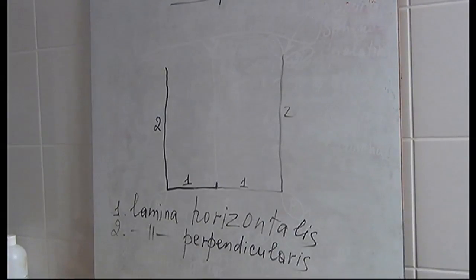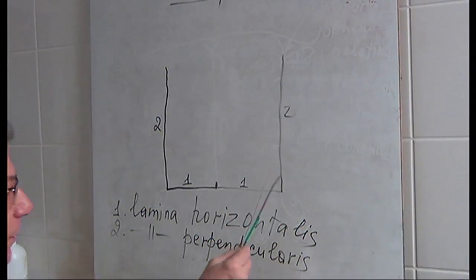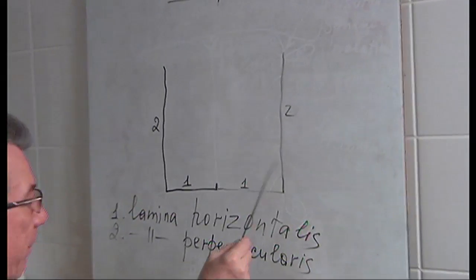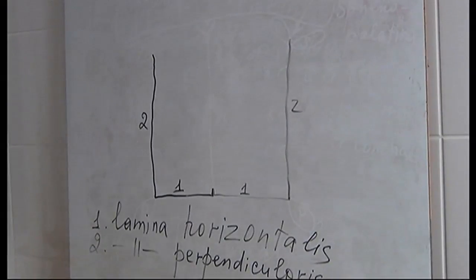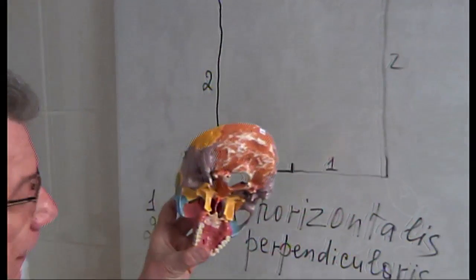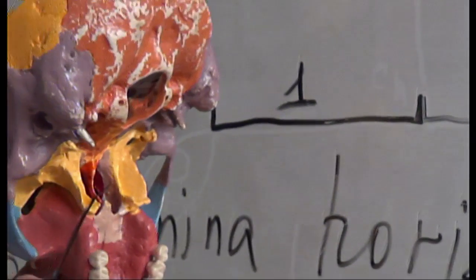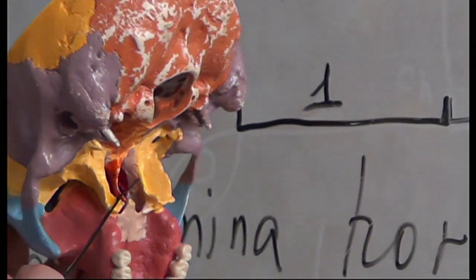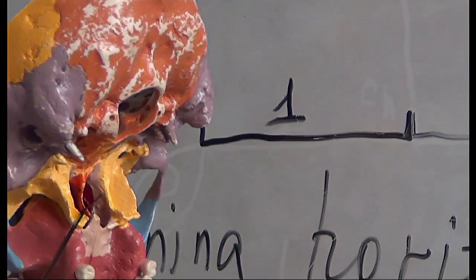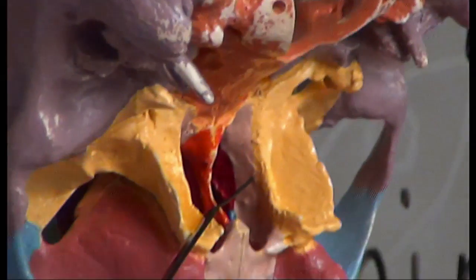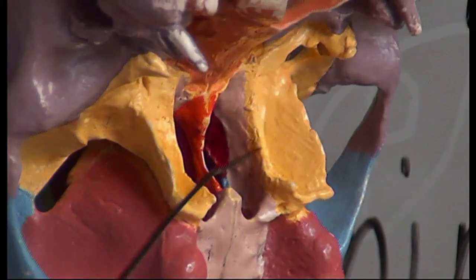Let's try to find them. First of all, what are the neighbor bones for this lamina perpendicularis? If we try to find them posteriorly to lamina perpendicularis, we can find a bone of yellow color. What is it?